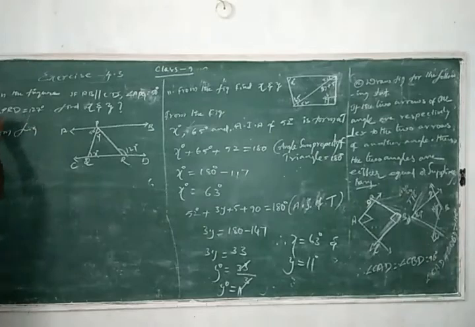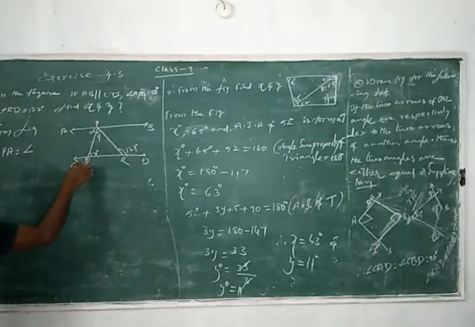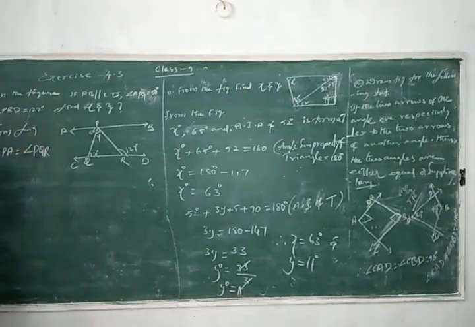From the figure, solution. Angle QPA is equal to angle PQR. Why? Because alternate interior angles are equal.